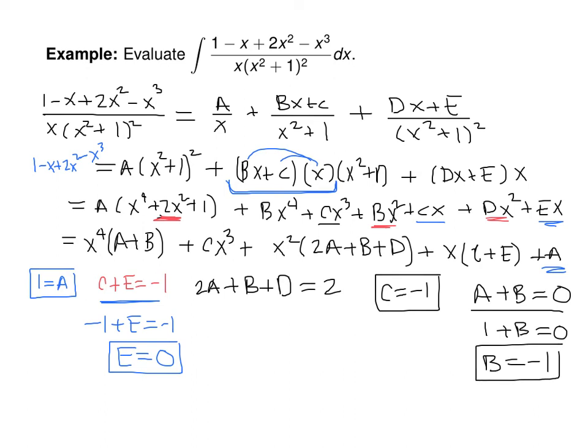And now all I need to know is d, so I go back to this equation. So plugging in all the values, 2 times 1 is going to give us 2, minus 1 plus d equals 2. So that's 1 plus d equals 2. D is equal to 1.